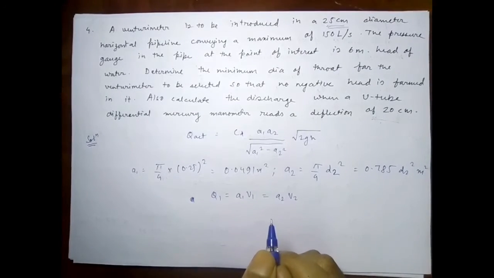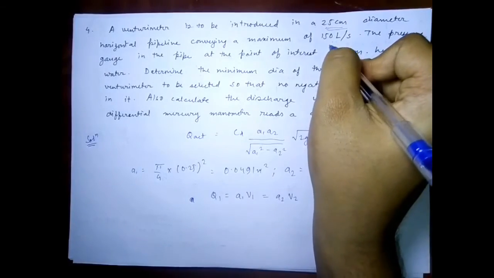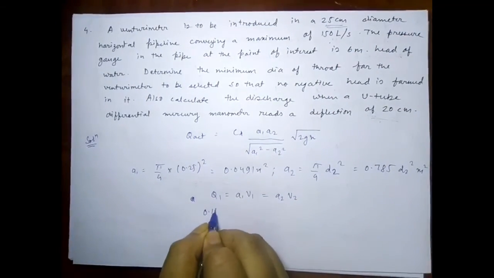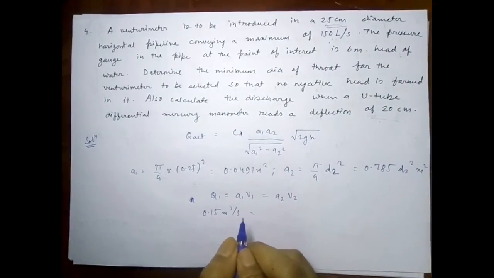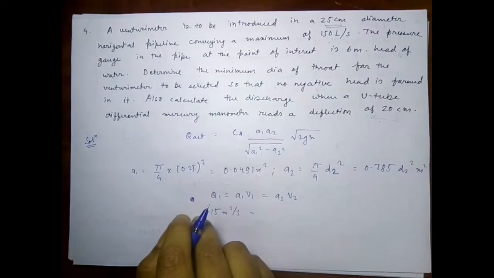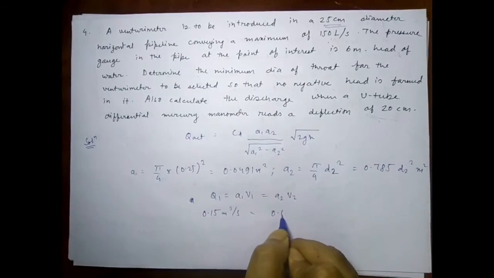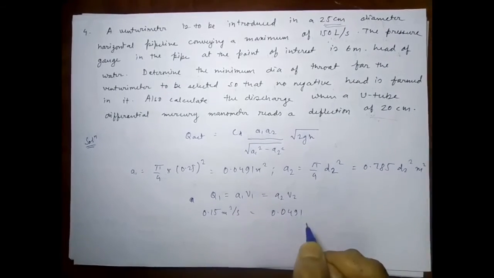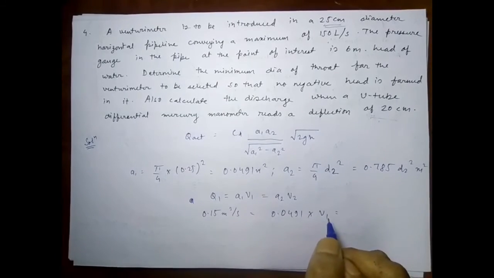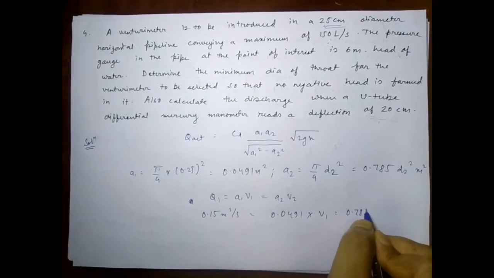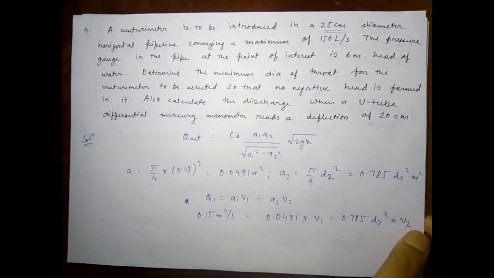This is the continuity equation, and Q is given as 150 liters per second, so it can be written, by dividing it with 1000, as 0.15 meter cube per second, and that is equal to 0.0491 times velocity V1, and it is equal to 0.785 d2 square times velocity V2.